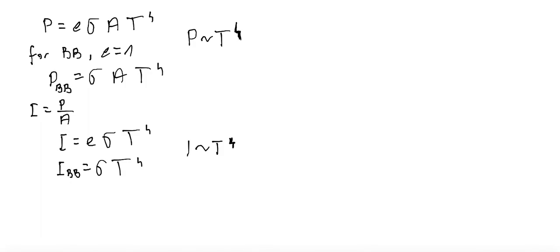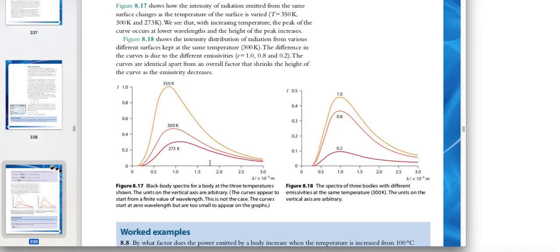Is that clear? Okay, and we're also talking about Wien's displacement law, which says that the wavelength of maximum intensity multiplied by temperature is constant, and this constant is equal to 2.9 times 10 to the power of minus 3.